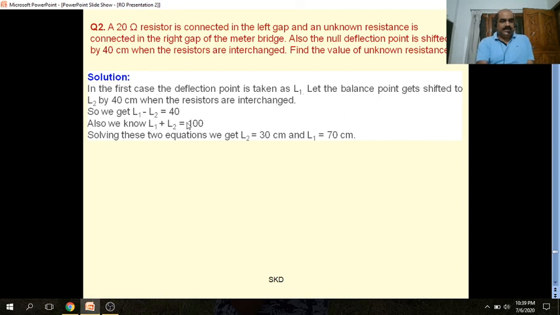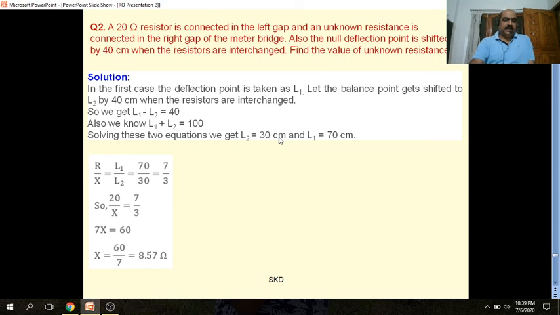So solving these two equations, we will get L2 equal to 30 centimeter and L1 is equal to 70 centimeter. By substituting the values, R by X equal L1 upon L2, that is 70 by 30, we get 7 by 3.